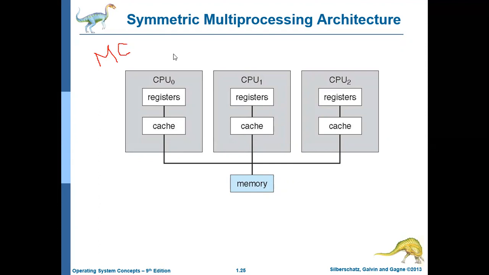Why is it called multi-chip? Because CPU 0 is placed in a separate chip. Chip in the sense is an electronic device, a separate electronic module in which this CPU is placed. Similarly, in a separate chip CPU 1 is placed, and in a separate chip CPU 2 is placed.